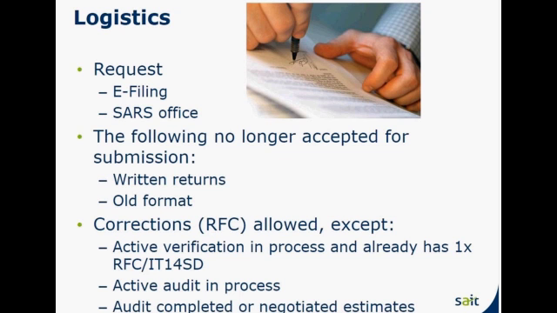So you basically have to do it on e-filing, or the alternative would be that if you can't do it on e-filing, you go to a SARS office where a SARS official would assist you in capturing that information. So those are basically the two options for submitting the form. Actually, this is something that I've been getting quite a few questions about.